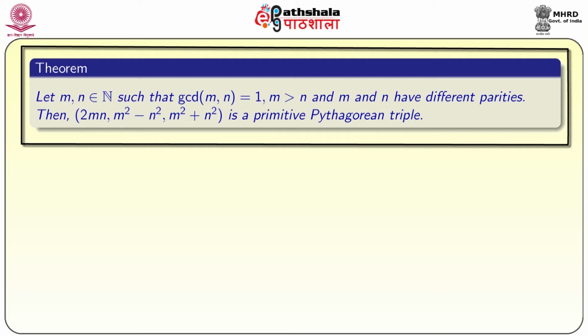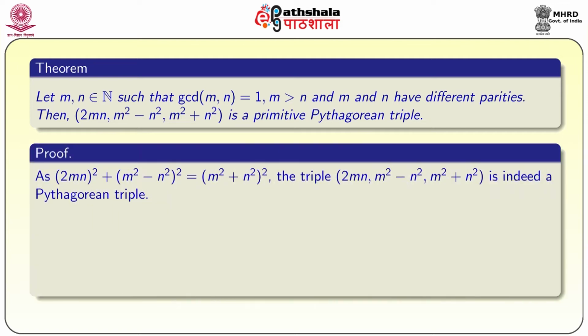Let m, n belong to N such that GCD of m, n equal to 1, m is greater than n, and m and n have different parities. So, what we concluded in the previous result we are taking as hypothesis. Then 2mn, m square minus n square and m square plus n square is a primitive Pythagoras triple. Clearly, this is the converse of the previous result. So, the proof is easy.